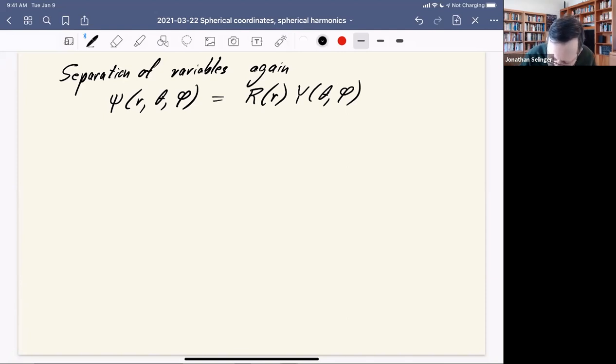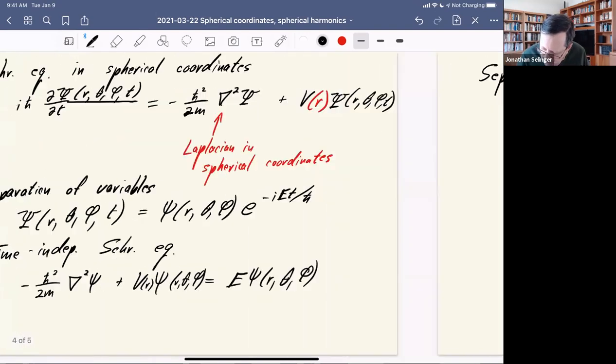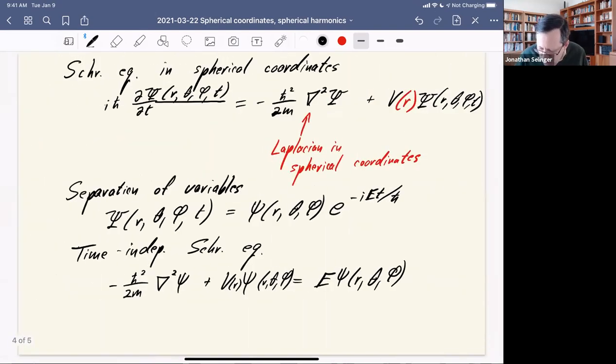So now negative ħ² over 2m. Now I've got to write out what this Laplacian is in spherical coordinates, and then try to simplify that.